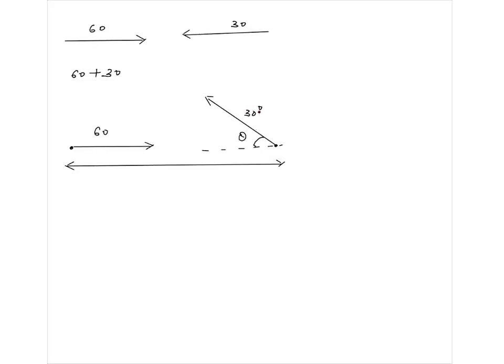It is a component of 30. 30 is not degree, it's kmph. Theta is degree. Full 30 is not coming towards this train. A component of 30 only is coming towards this. So to cover this distance, who will help? 60 plus 30 cos theta. This will help to cover this distance. In this case, who will help to cover this distance? This, 90.